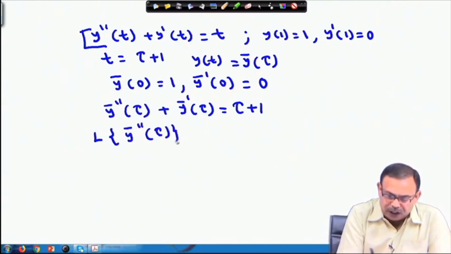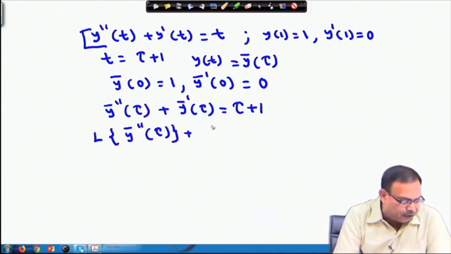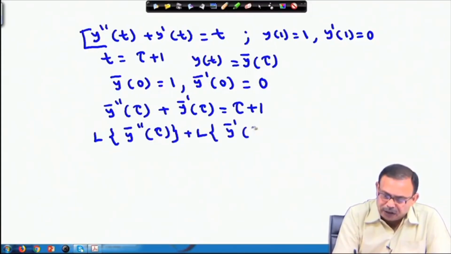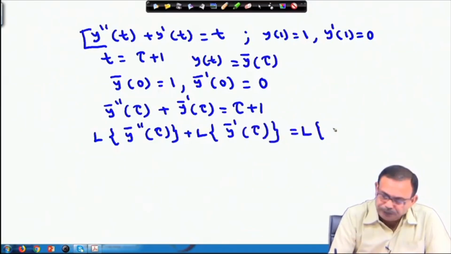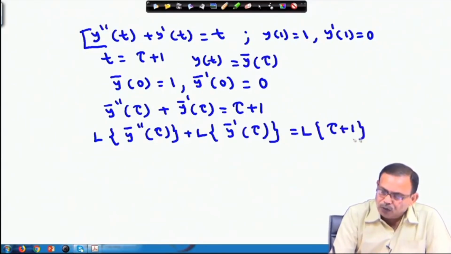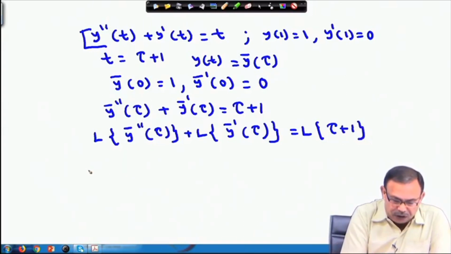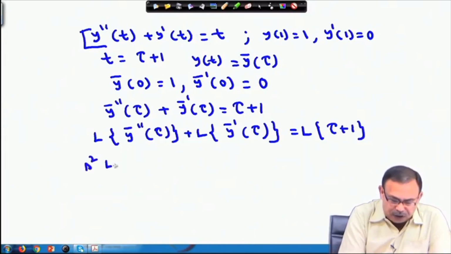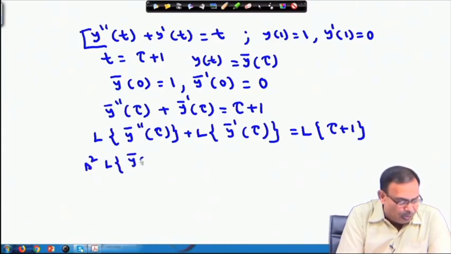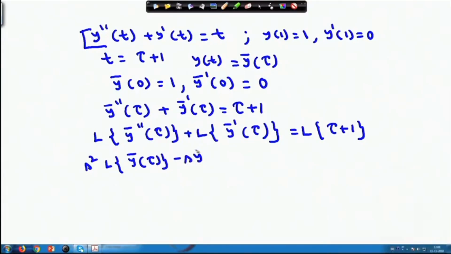You take the Laplace transform on both sides of this. So, the Laplace transform of y bar double dash tau plus the Laplace transform of y bar dash tau equals the Laplace transform of tau plus 1. The Laplace transform of y bar double dash, you know it already: s square times the Laplace transform of y bar tau minus s y bar(0) minus y bar dash (0).